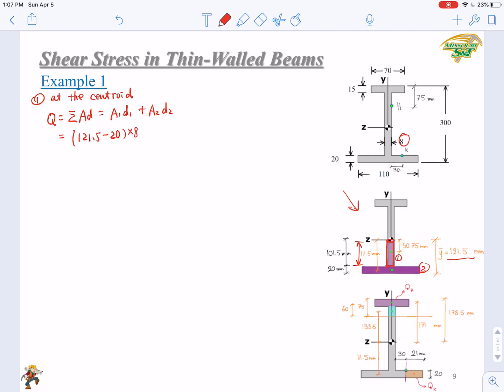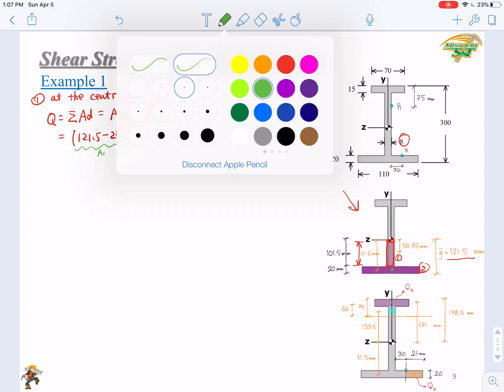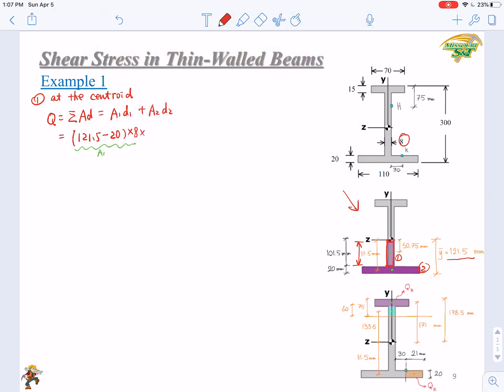So this is A1. Then you need to multiply by D1. What's D1 in this case? D1 is the distance from the global centroid to the local centroid.